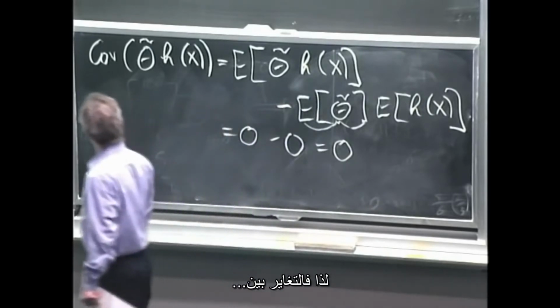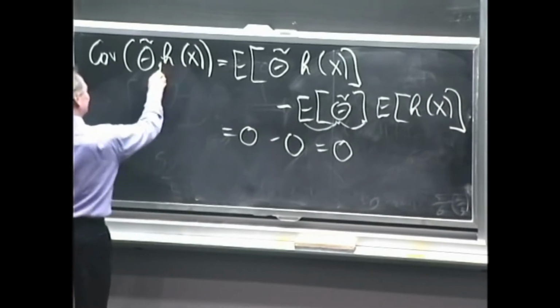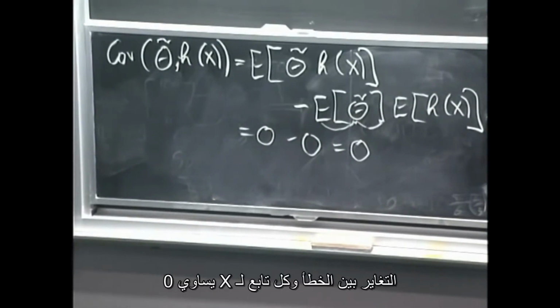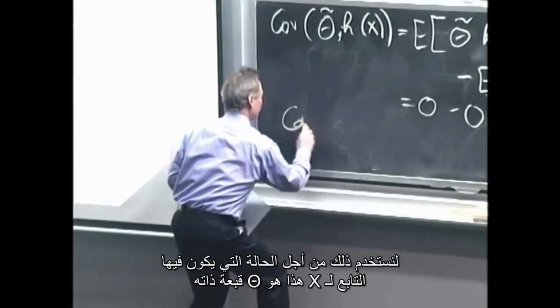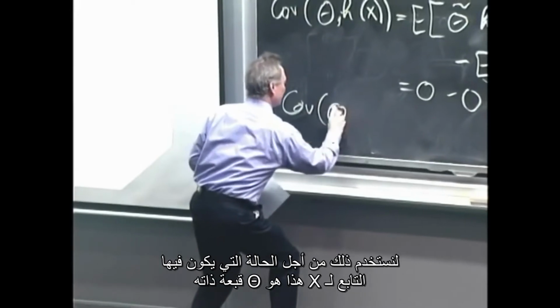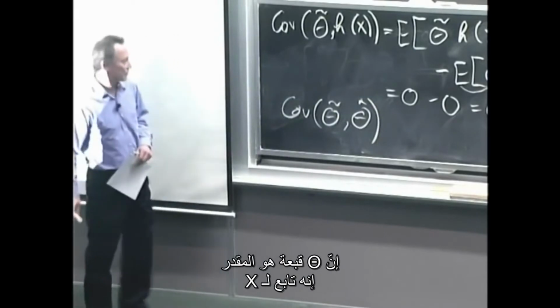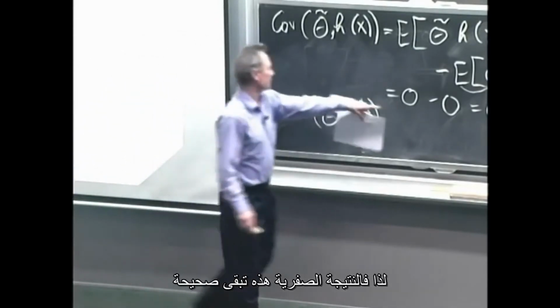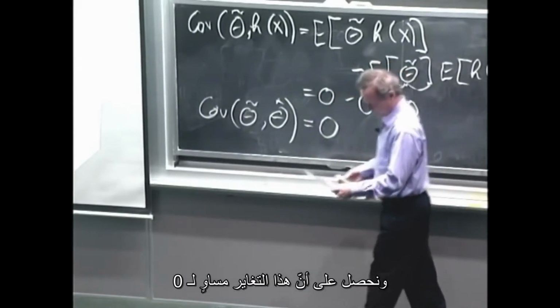So the covariance between the error and any function of x is equal to 0. Let's apply that to the case where the function of x we're considering is theta hat itself. Theta hat is our estimate. It's a function of x. So this 0 result would still apply, and we get that this covariance is equal to 0.